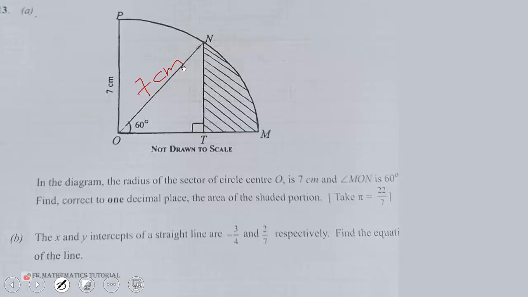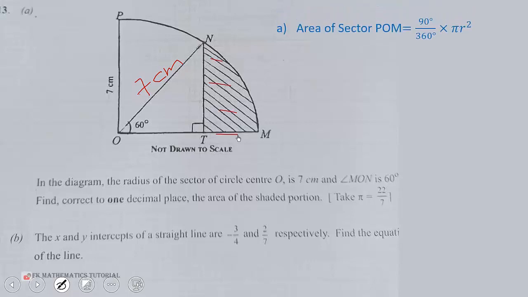Find correct to 1 decimal place the area of the shaded portion. So if we know the area of sector ONM and we know the area of triangle OTN, we subtract the area of triangle OTN from the area of sector ONM, then we find the area of the shaded region.